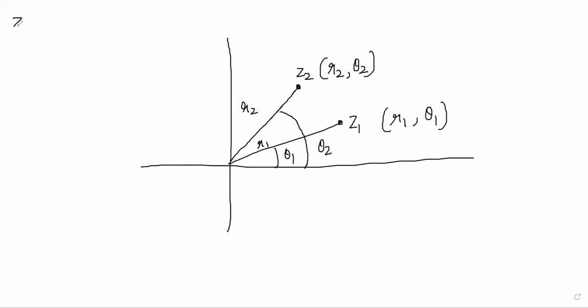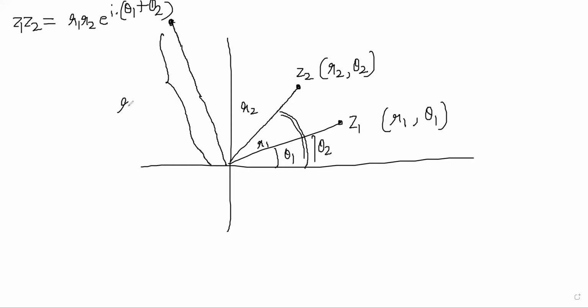Your complex number which is combining z1, z2 or multiplying them will be r1 r2 e power i (theta 1 plus theta 2), right? So you have to add this angle and add this big angle. So you might get something like this, and you also have to multiply r1 r2, right? My diagram is obviously not up to scale, but this length will become r1 r2 now.